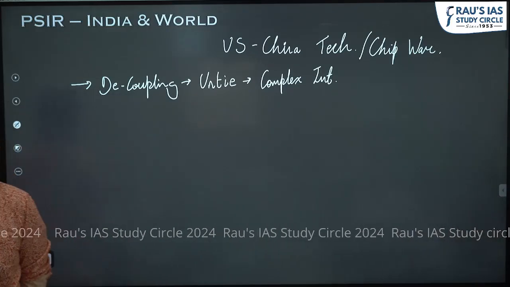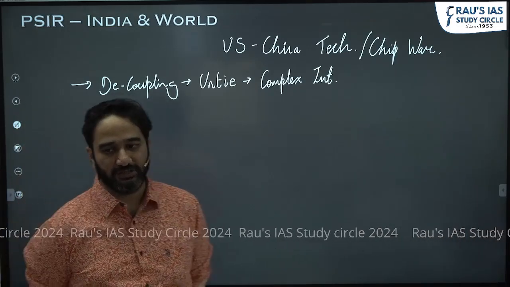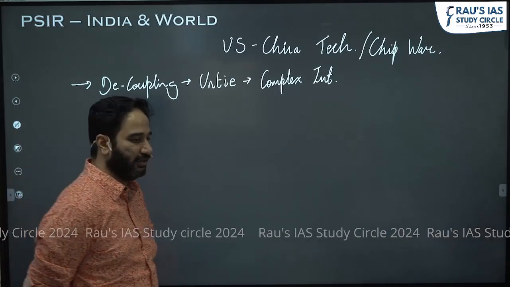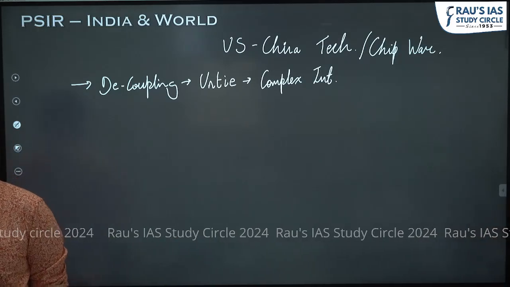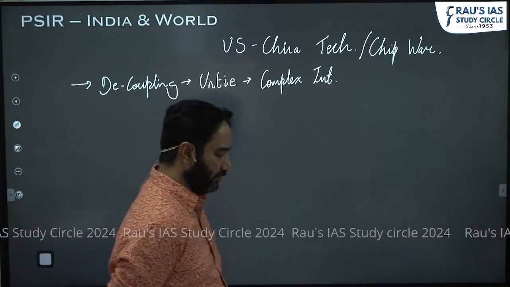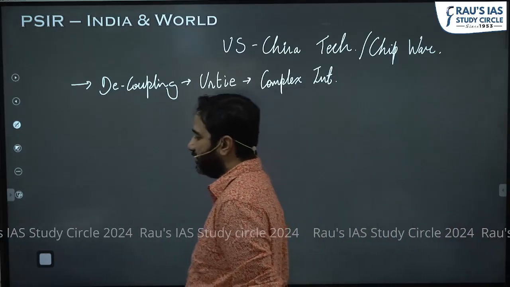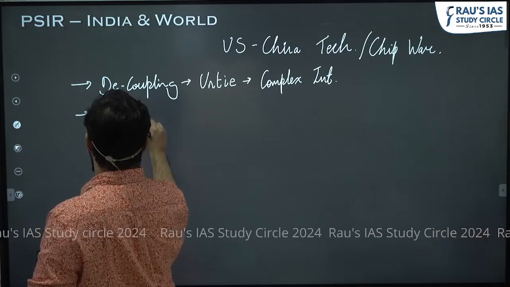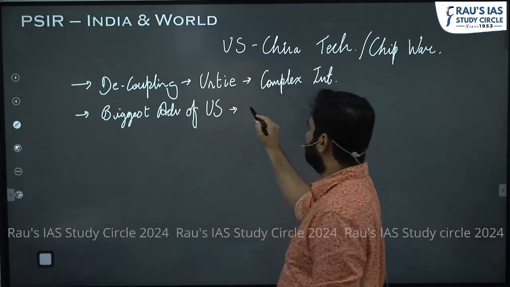Gregory Allen, G-R-E-G-O-R-Y, Gregory Allen, A-L-L-E-N, in the Time magazine, has argued that the biggest advantage of the US is its allies.